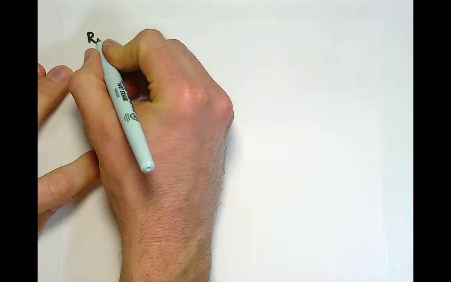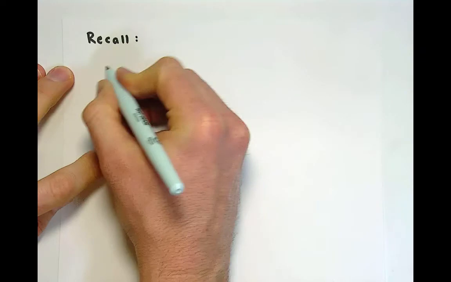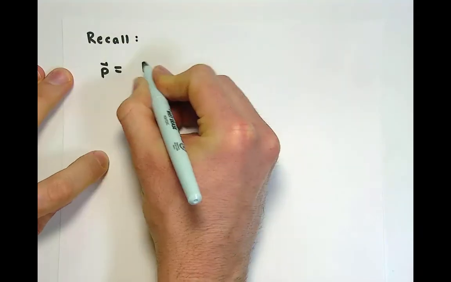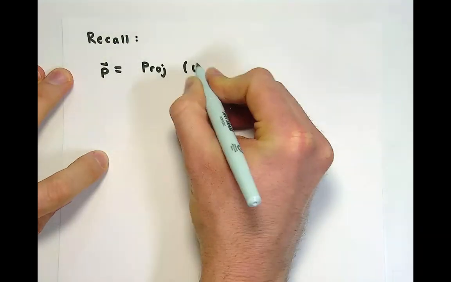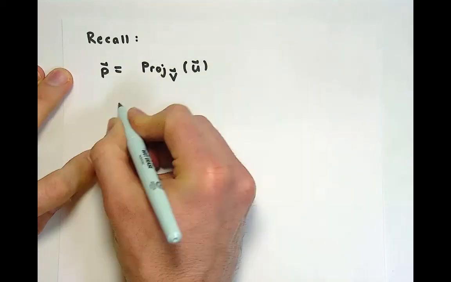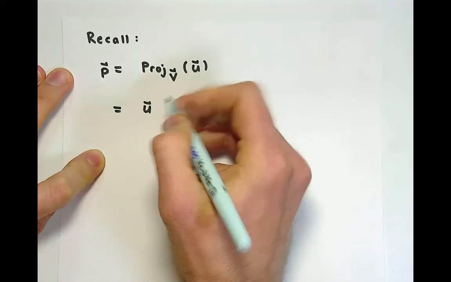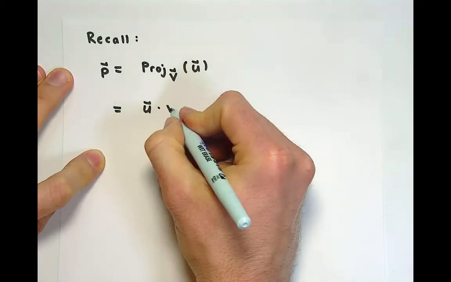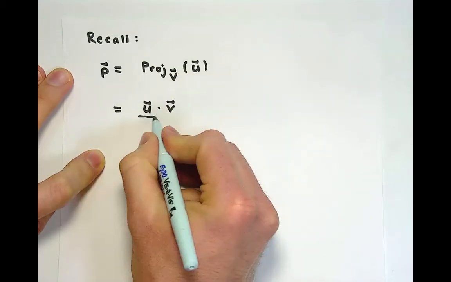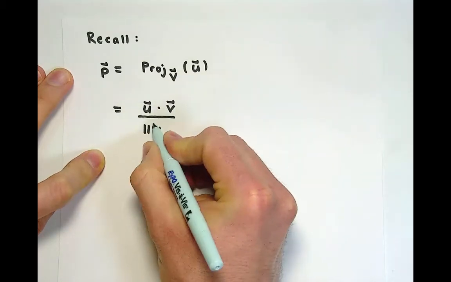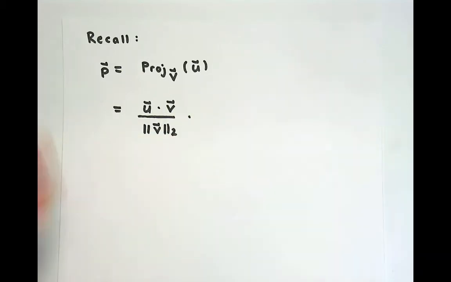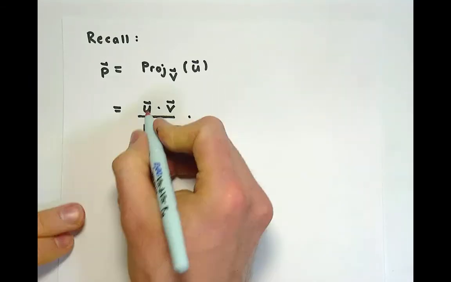Let's recall from our previous video that if we want p to be the projection of the vector u onto the vector v, we're going to do this by taking the vector that we want, dotted with the direction that's defined, and then we take that over the 2 norm of our direction. And this was called the scalar projection of u onto v.